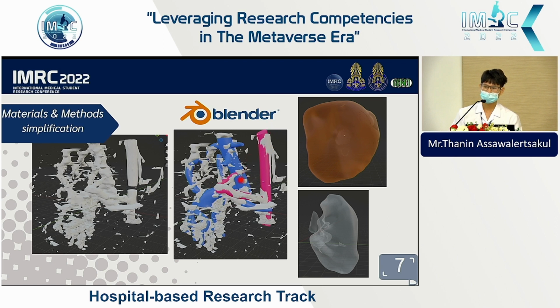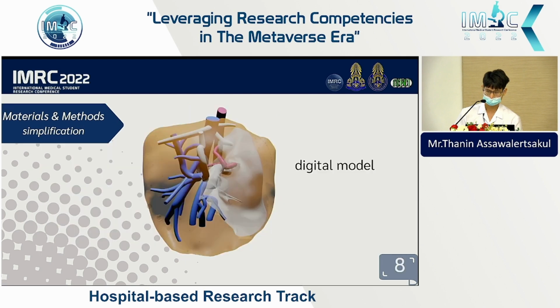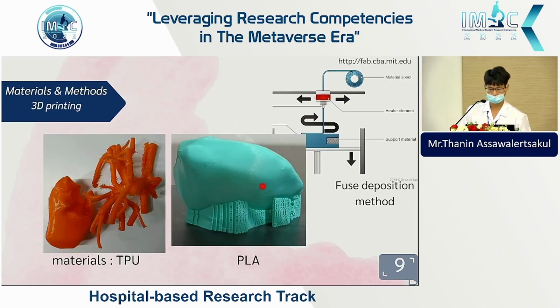This tube can be adjusted in size, curve, and shape to make it overlap the draft model from Mimics. For the two other models, I just removed some artifacts and smoothed the outer surface. This is the digital model.